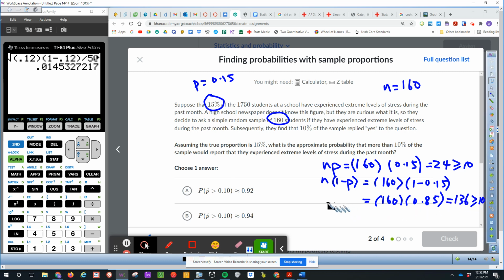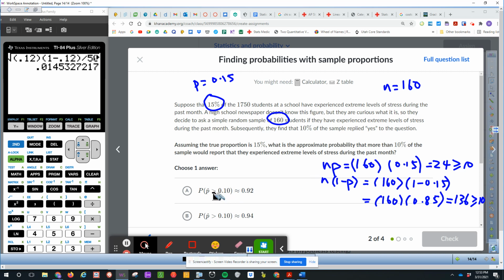Greater or equal to 10. So we now know that the sampling distribution of the sample proportion is approximately normal. So we have now established that.